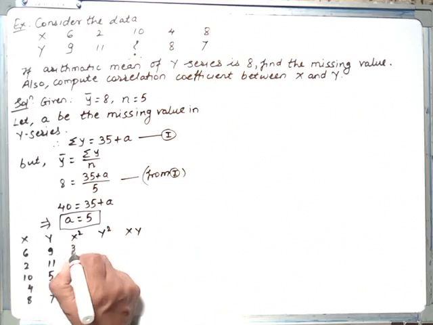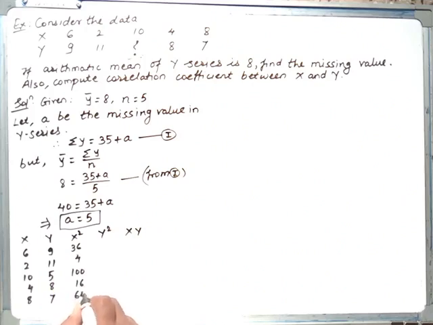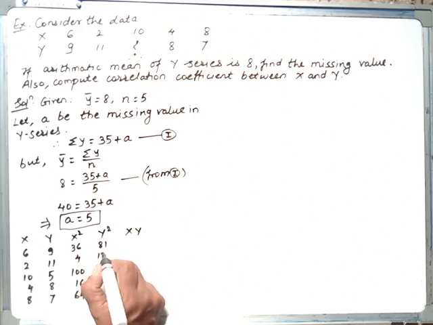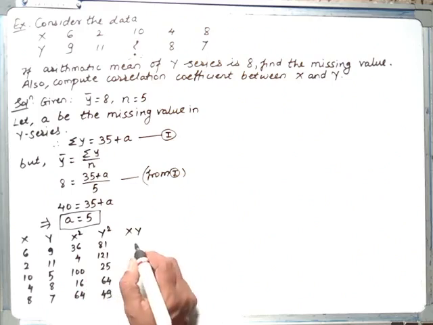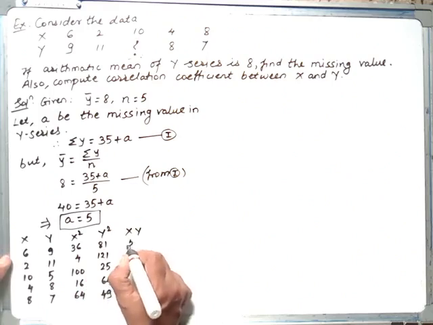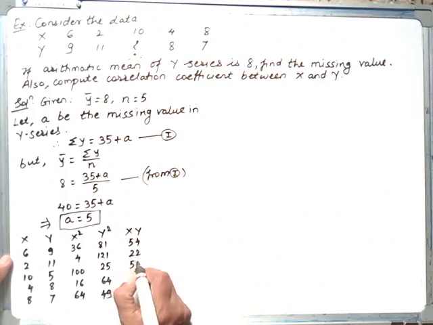X square will be 36, 4, 100, 16 and 64. Y square is 81, 121, 25, 64 and 49. The product xy is 54, 22, 50, 32 and 56.